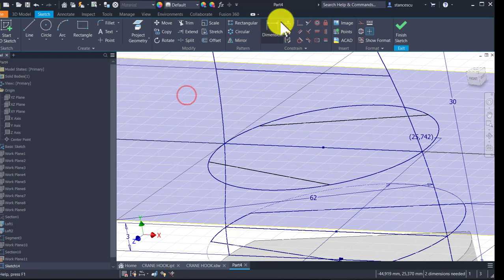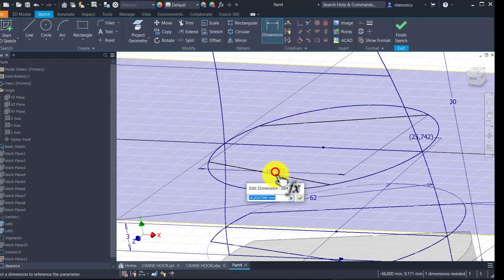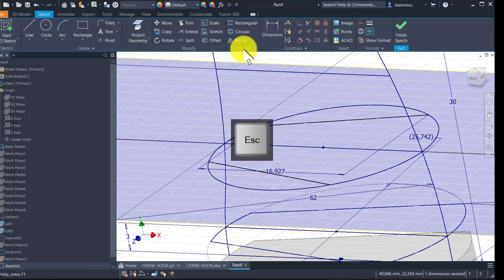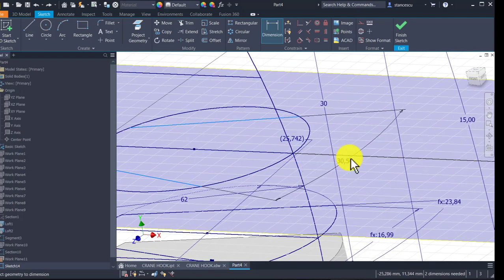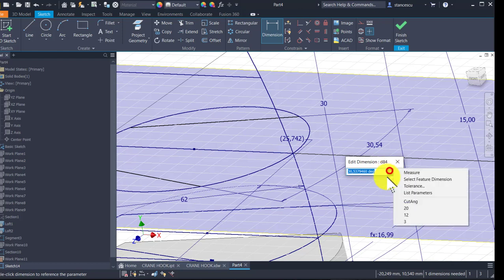Done. Cut angle. Ow. Control Z once again. I click the button and my hand is somewhere else. Cut ang. Okay.